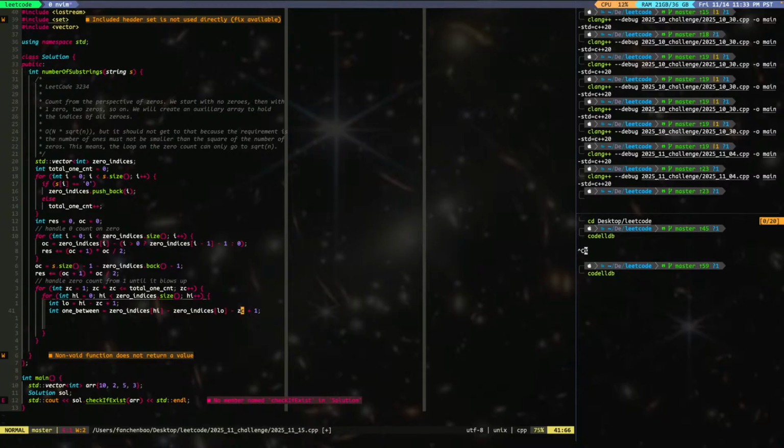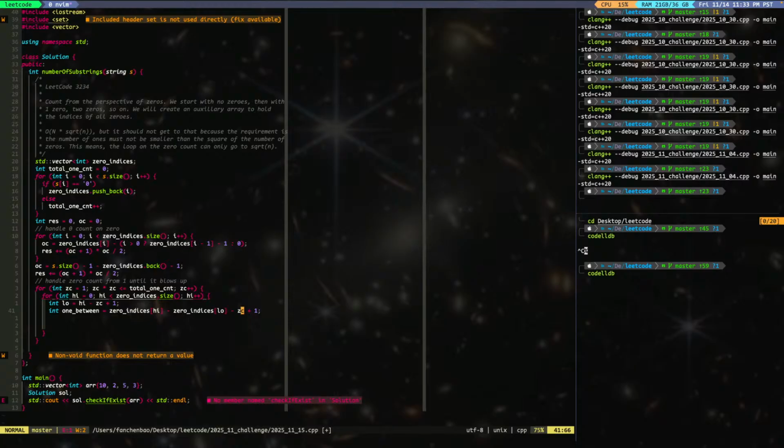If it's 0, 1, 2, high minus low is 2. Hold on, it doesn't feel right. Let me think again. 2 minus 1 plus 1. Okay, so yeah. Oh, so they pointed to the same one. When this is 1, it's actually a little bit complicated.